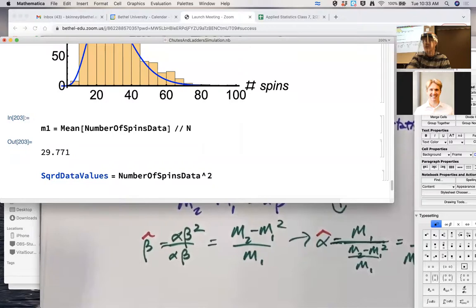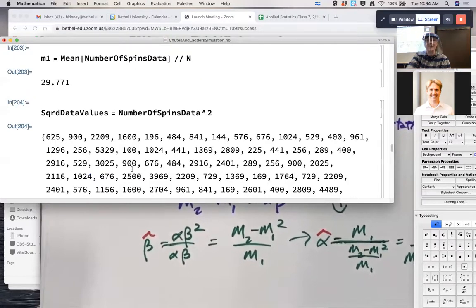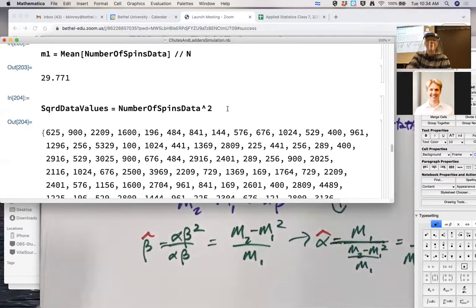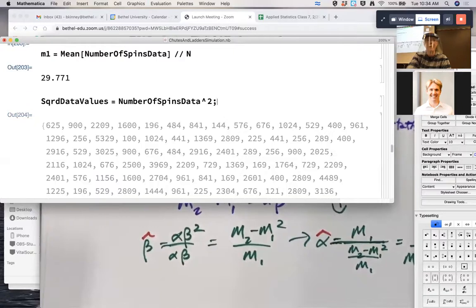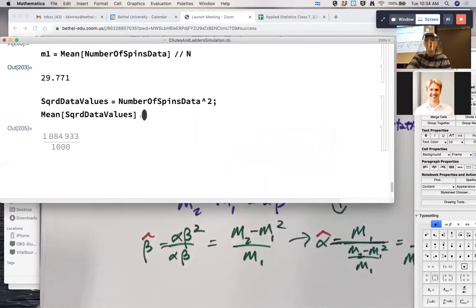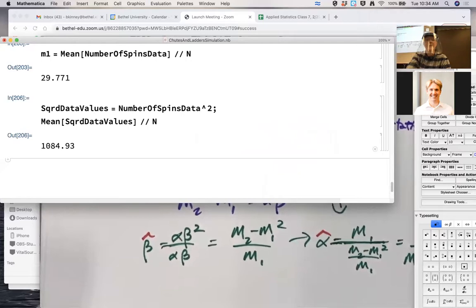I believe this should square all those numbers that are all in the 10s, 20s, and 30s, etc. So we should get numbers here that are typically above 100, most typically above even 400. Sometimes in the thousands, sometimes less than 100. So there they are, and then I could average those, mean squared data values. 1084.93, that would be our observed value of M2.